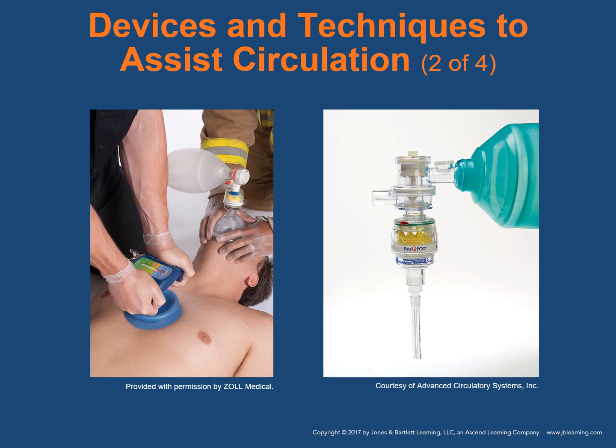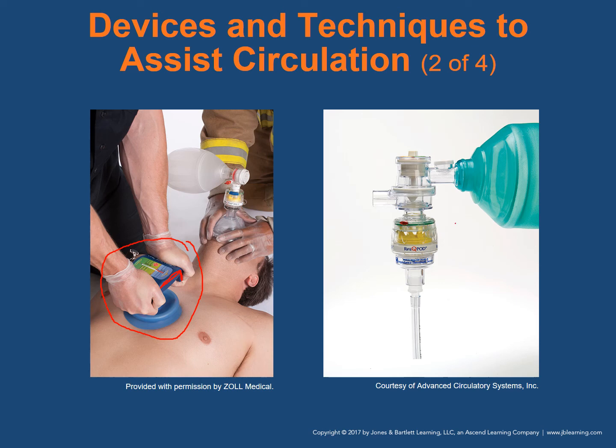Here you can see the suction cup type or style device, I guess you could call it, that this provider is using here, that allows you to do compressions downward, and it has these grips, these handles here that you can see, that allow the provider, after the compression downward, to manually decompress the chest to allow full chest recoil.